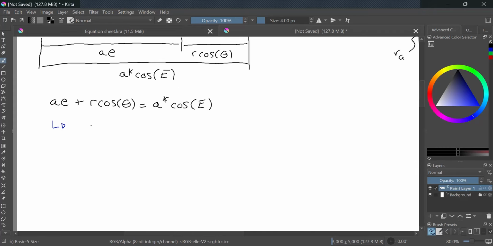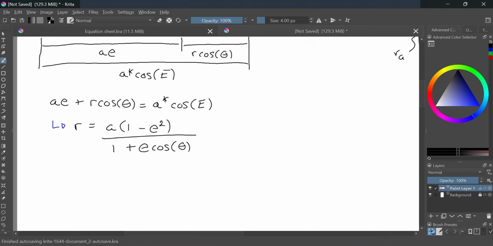If we put all that together, I'm going to give you a warning now. The equations will get a little messy. So we have r is equal to a times 1 minus the eccentricity squared over 1 plus the eccentricity times the cosine of theta. And on the surface, it doesn't really look like we've solved the problem. We've just introduced another cosine of theta here.